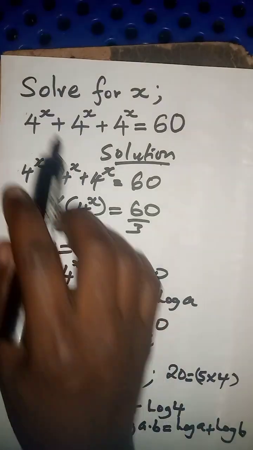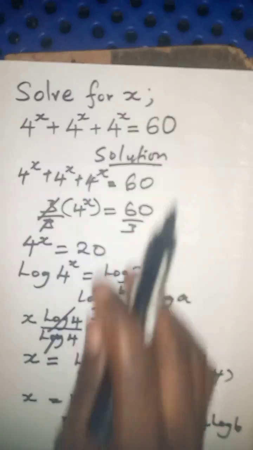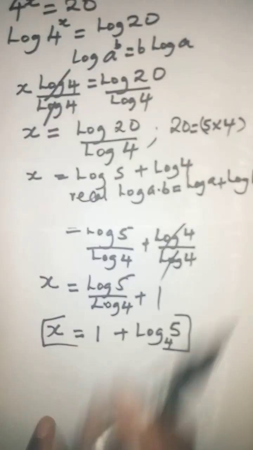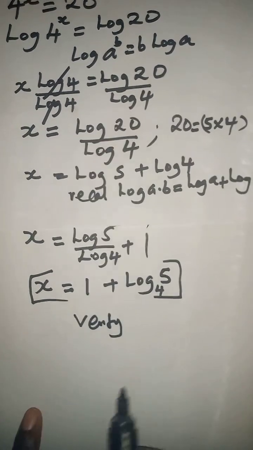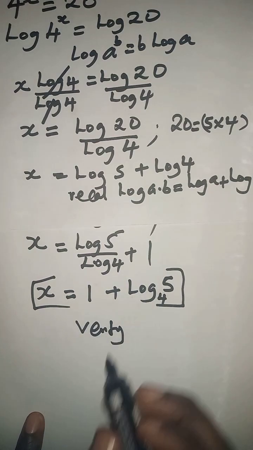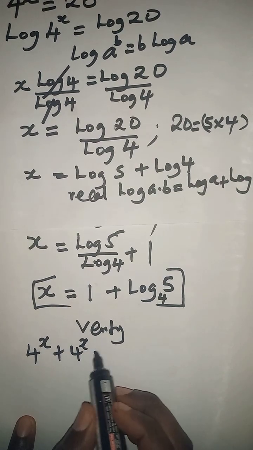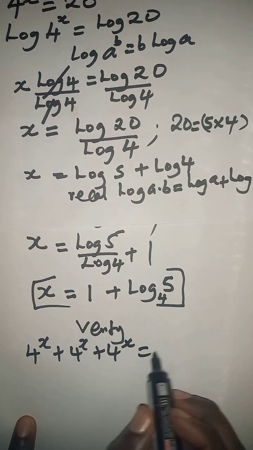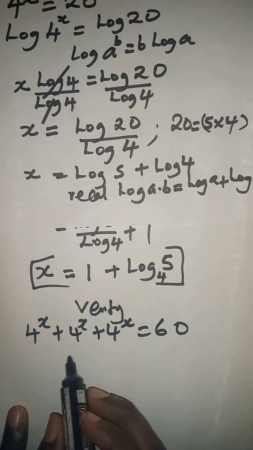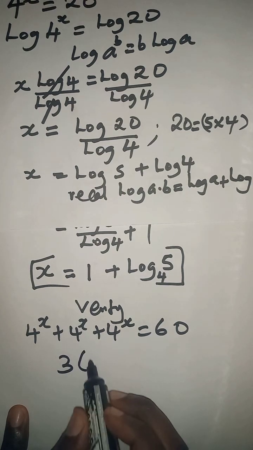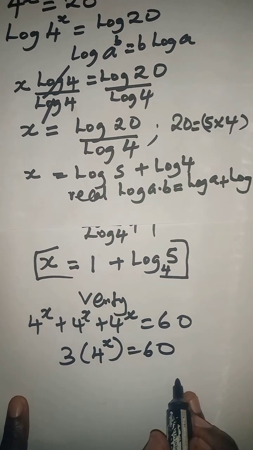I'm going to take this to be the base for my particular equation here: 4 raised to x plus 4 raised to x plus 4 raised to x is equal to 60. Of course, we're going to verify if x is indeed that. When I add this, I get 3 in bracket 4 raised to x is equal to 60.